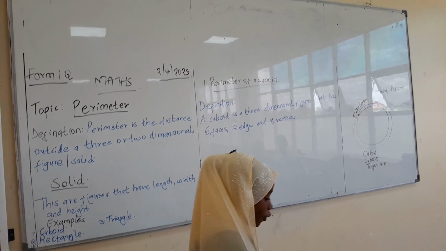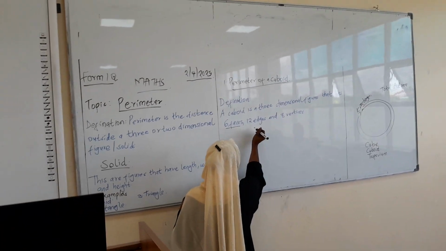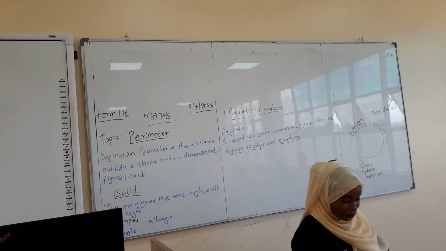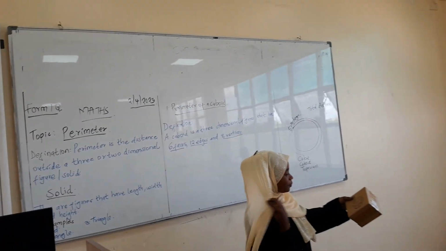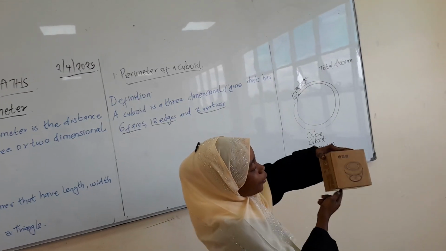Okay, so from our definition of a cuboid, we have seen that it has 6 faces, 12 edges, and 8 vertices. So this is our cuboid here. So these are the faces. We can count them together.